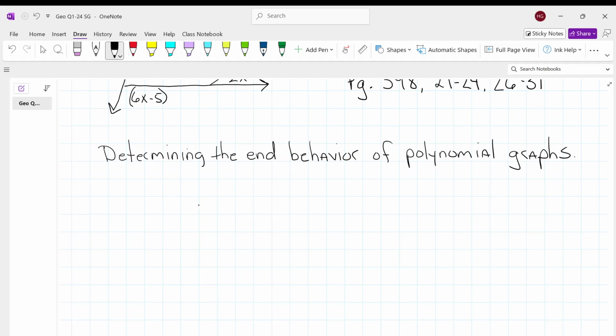of the end behavior of a polynomial graph is, let's say we've got a graph that looks something like this.